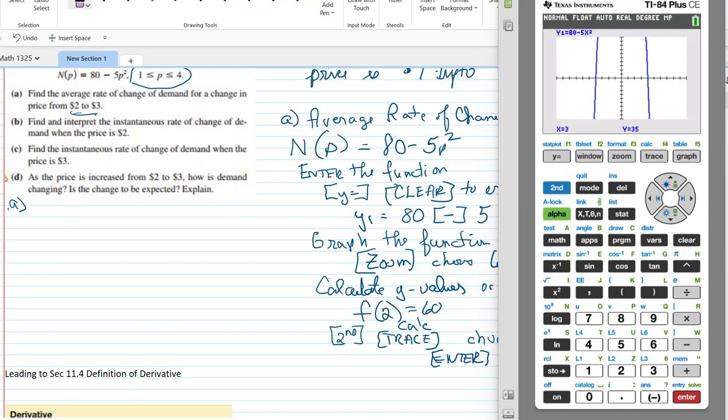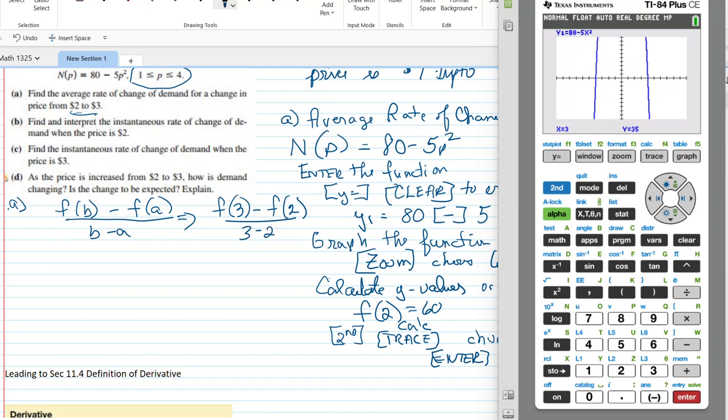We don't need the limit. It's f of b minus f of a over b minus a. For us, it is f of 3 minus f of 2 divided by 3 minus 2, which is 1.